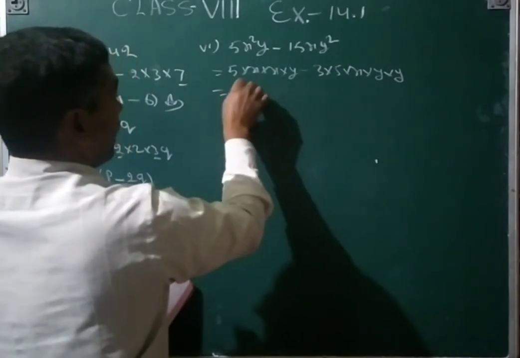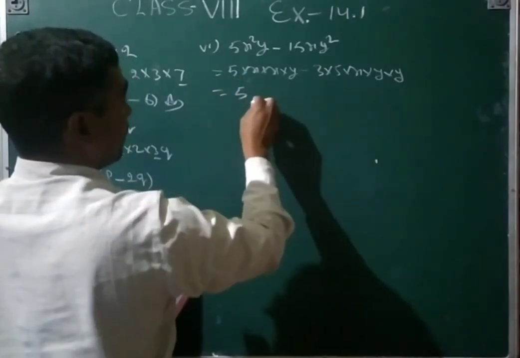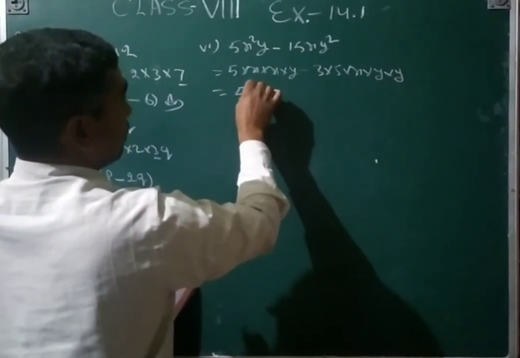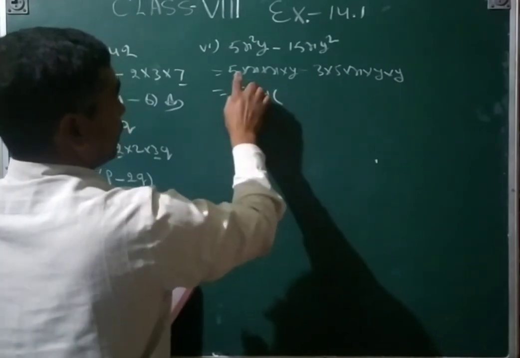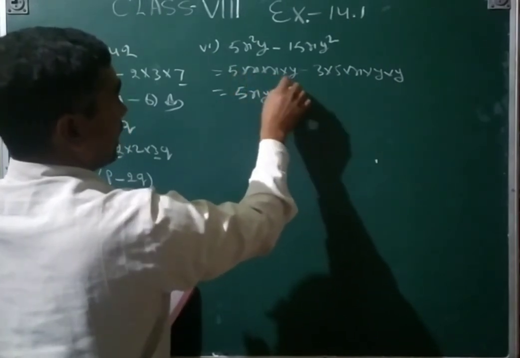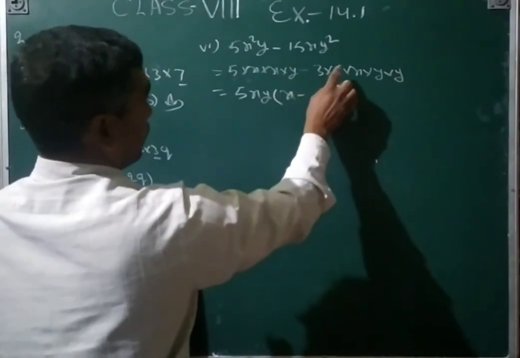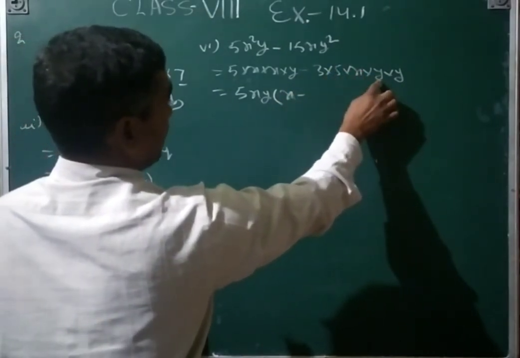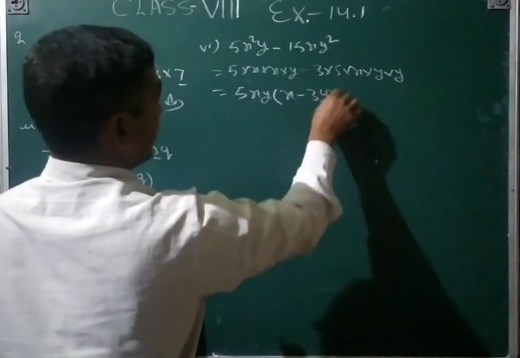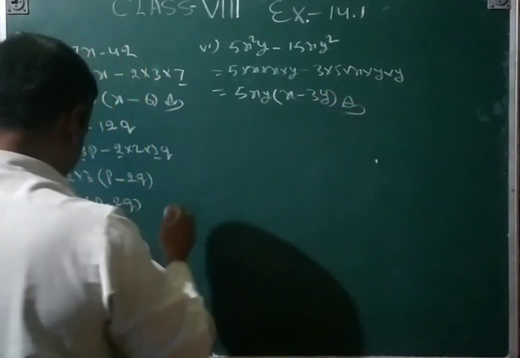So 5 is common on both sides, x is also common, y is also common, so 5xy comes outside, x is left, minus, 5xy comes outside, 3y is left. That is the answer.